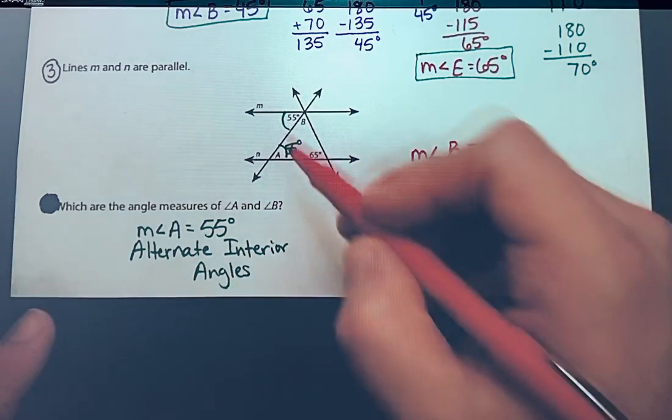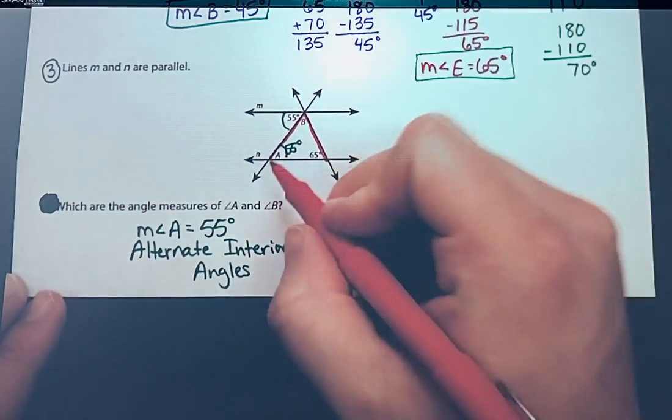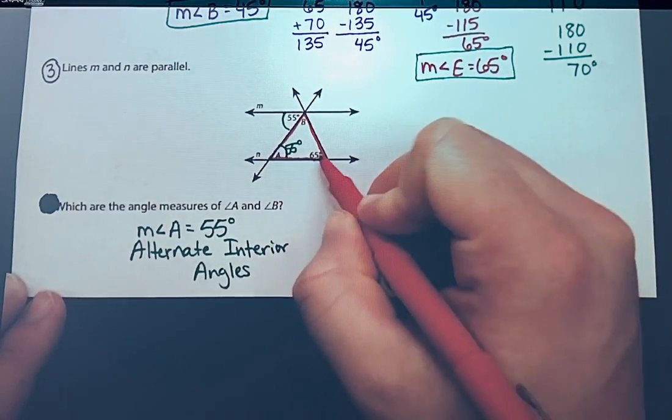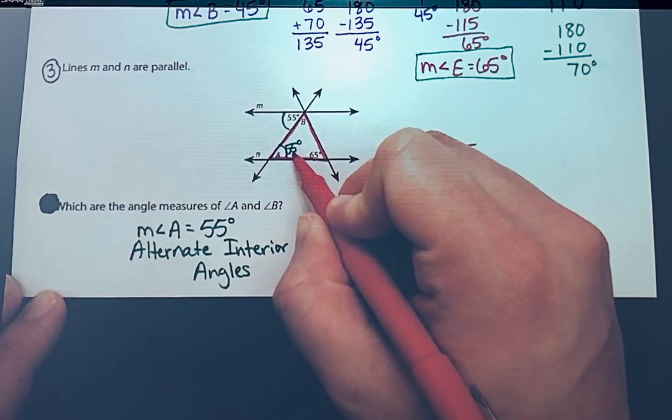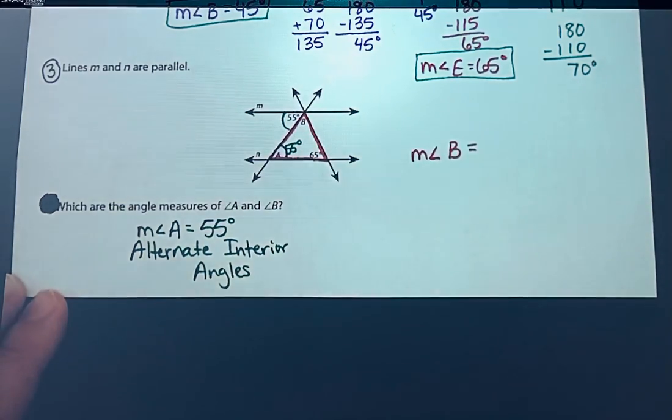But today, I want to use the fact that this is a triangle. If I know that's 55 degrees, and this is 65 degrees, and I'm missing one piece, we can figure out that missing piece by knowing all three angles of a triangle add to 180 degrees.